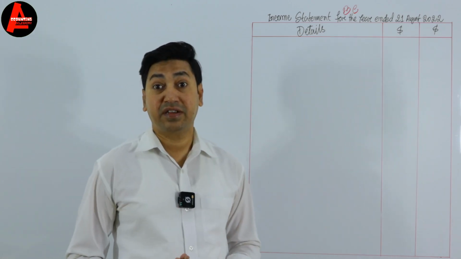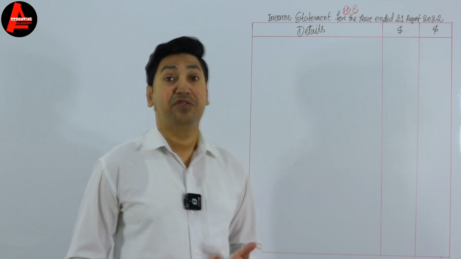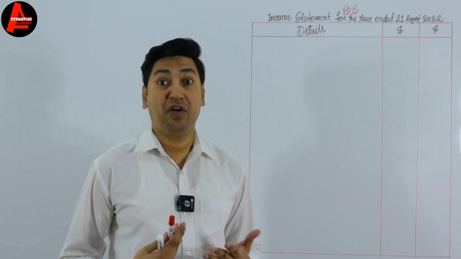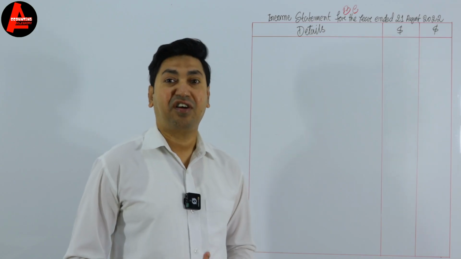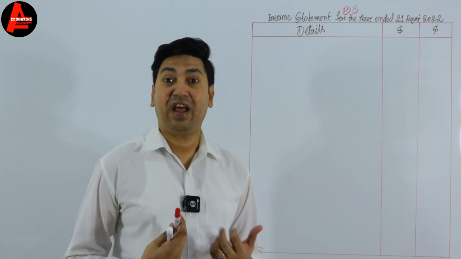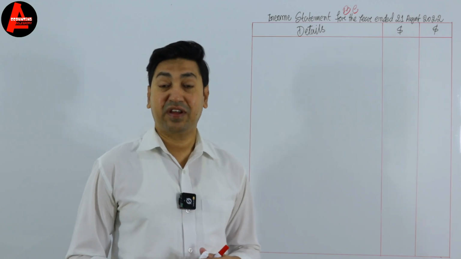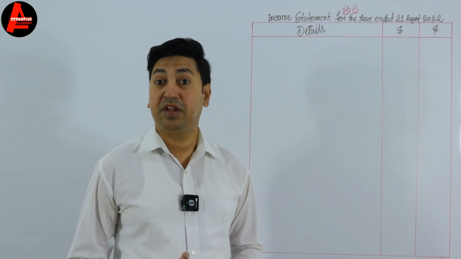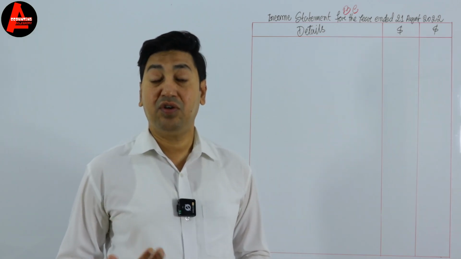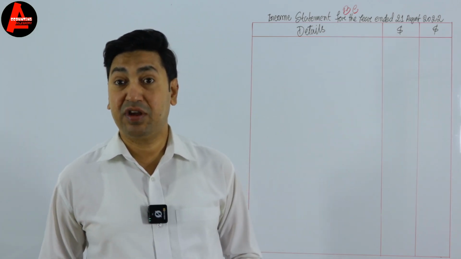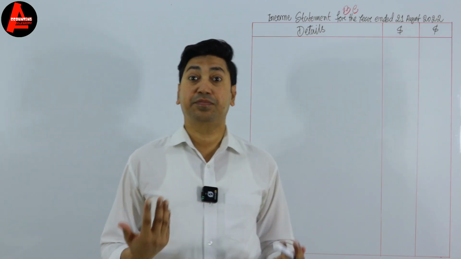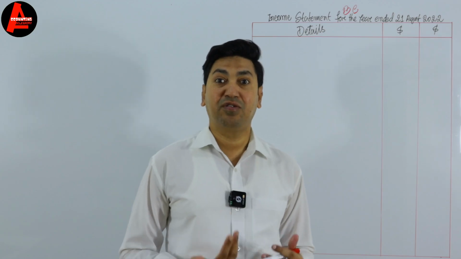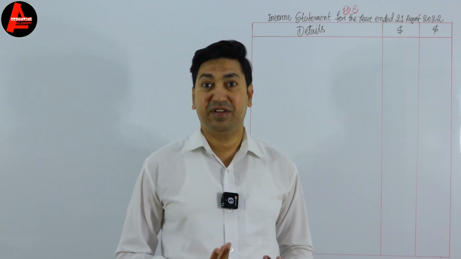If our cost of sales is greater than revenue, then it will be a gross loss. If our revenue is greater than cost of sales, then we will have gross profit. Then how to calculate cost of sales? It is quite simple. Cost of sales equals opening inventory plus purchases minus purchase returns plus carriage inwards minus closing inventory. Simple, yeah?